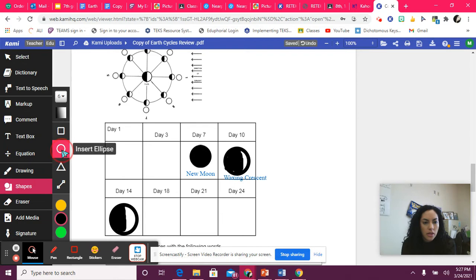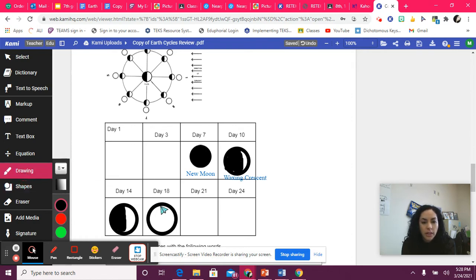Again, draw your shape. That's first quarter. It's growing in illumination, still illuminated on the right-hand side, but now it's almost a big moon. Waxing gibbous. That should be more curved.